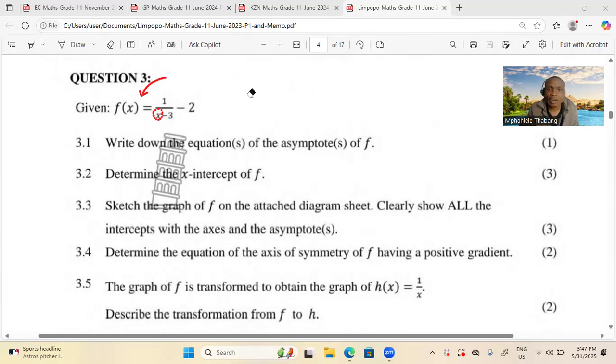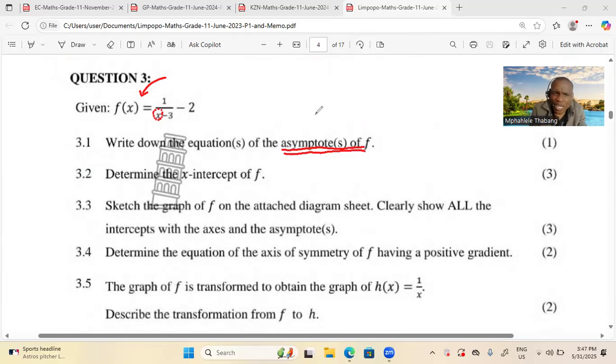3.1 says, write down the equation of the asymptotes of f. What is the examiner looking for? The equation of the asymptotes of f. So this hyperbola function has two asymptotes, and they are looking for the equation of those asymptotes.